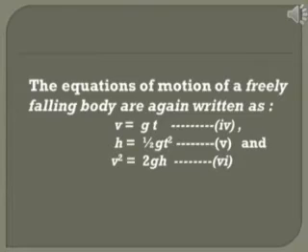Here u is eliminated because the initial velocity of a freely falling body is equal to 0 and g is positive.